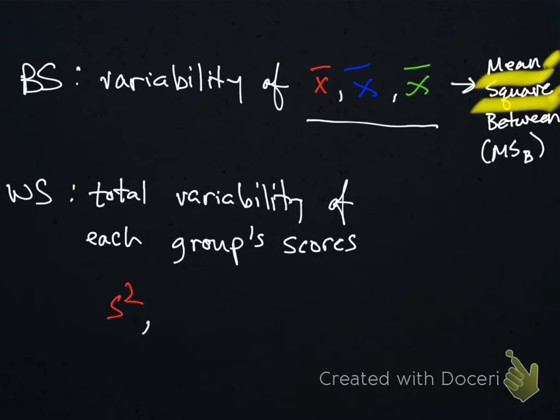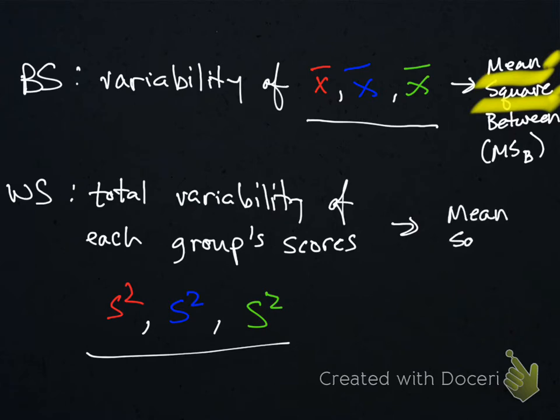Now we're not just going to add these variance terms up, but to make this concept a little bit more clear, I'll just add them here. And the idea is we want to see the ratio of these two things. I'll explain that more in a second.